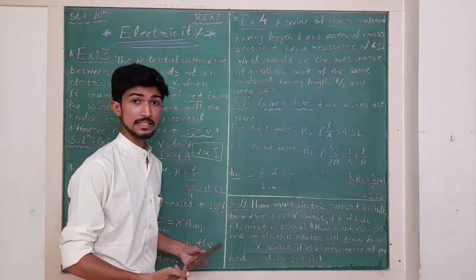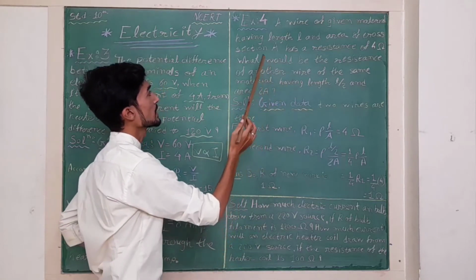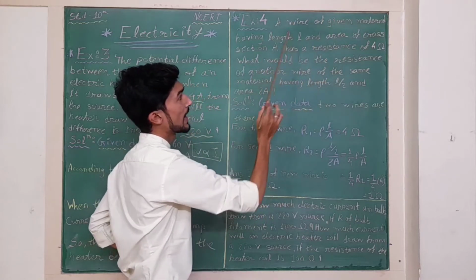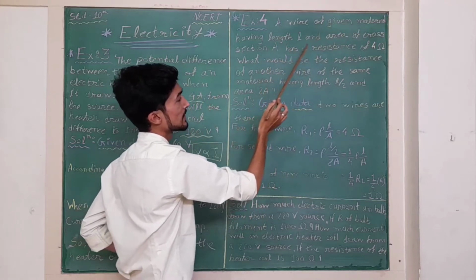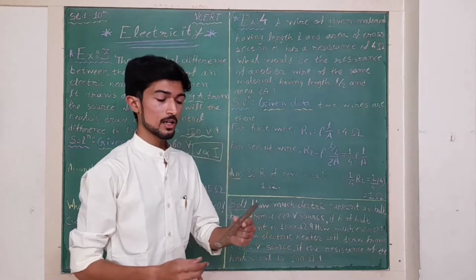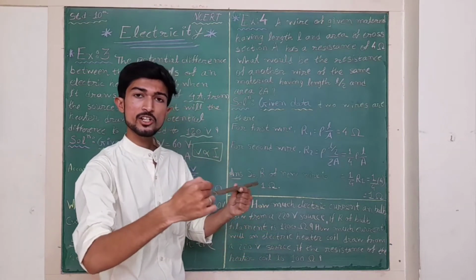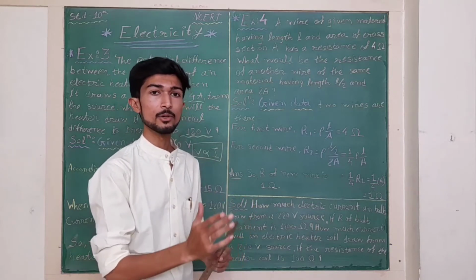Let's read the question as our rule. First rule: read the question carefully. A wire of given material having length L and cross-sectional area A has a resistance of 4 ohm. So what is the given question? There is a wire of length L and cross-sectional area capital A. There is no specific value, but they give the symbols.